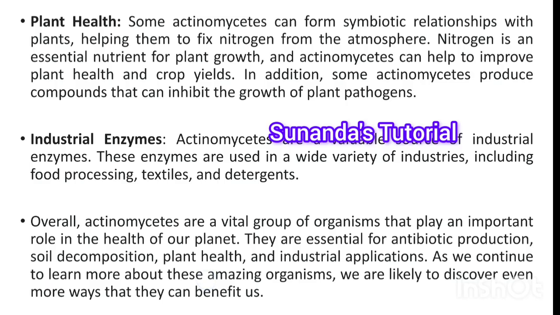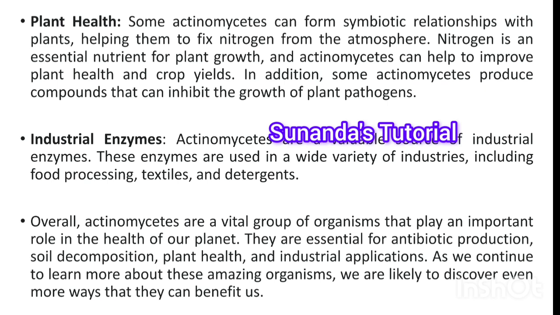Next, so finally, actinomycetes are vital groups. That means very, very important to us, playing an important role in maintaining the health of our planet. They are essential for antibiotic production. They are also important in soil decomposition, decomposition of organic matter in the soil, and plant health.